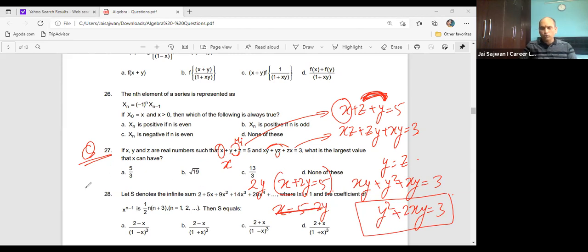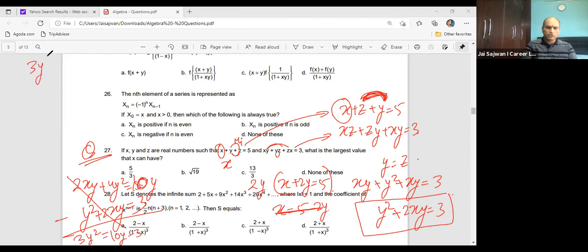So if you multiply it by 2y, I can say 2xy plus 4y square is equal to 10y, and the second is y square plus 2xy is equal to 3. I'll subtract on both sides. This gives you 3y square, the xy term cancels out, is equal to 10y minus 3. So further, 3y square minus 10y plus 3 is equal to 0.